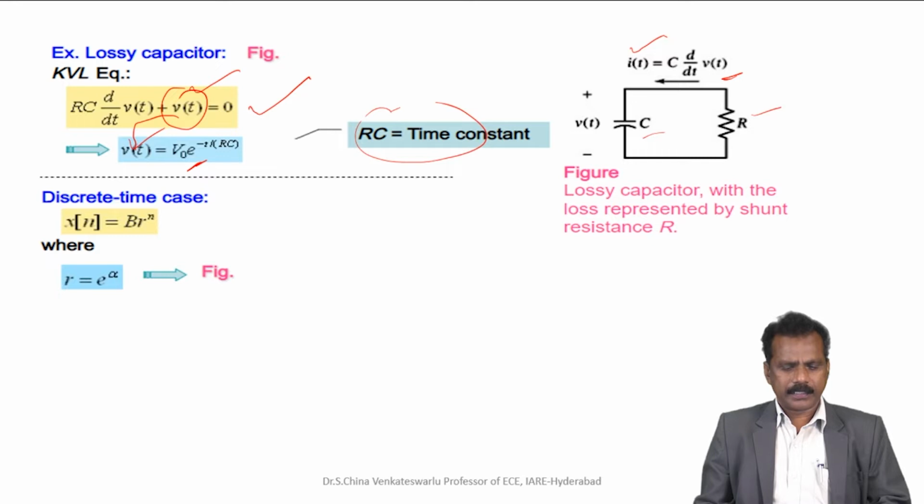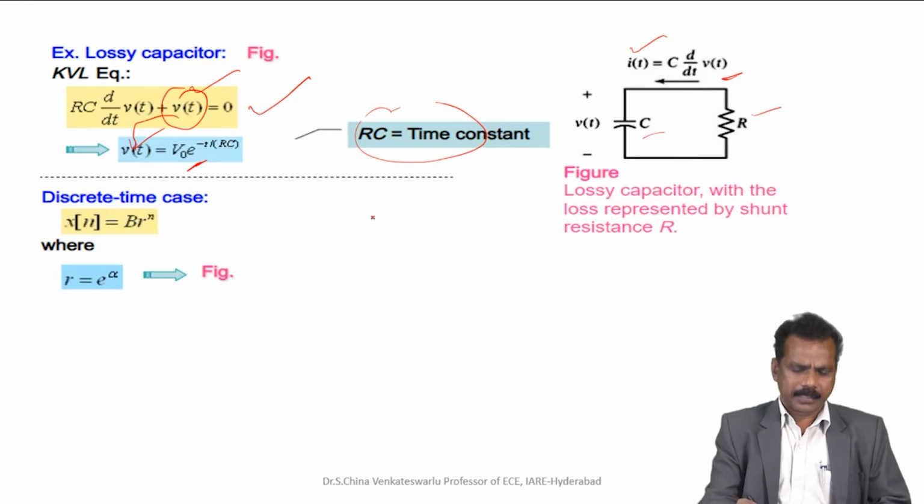Similar to the discrete time case: x of t is the continuous time signal.